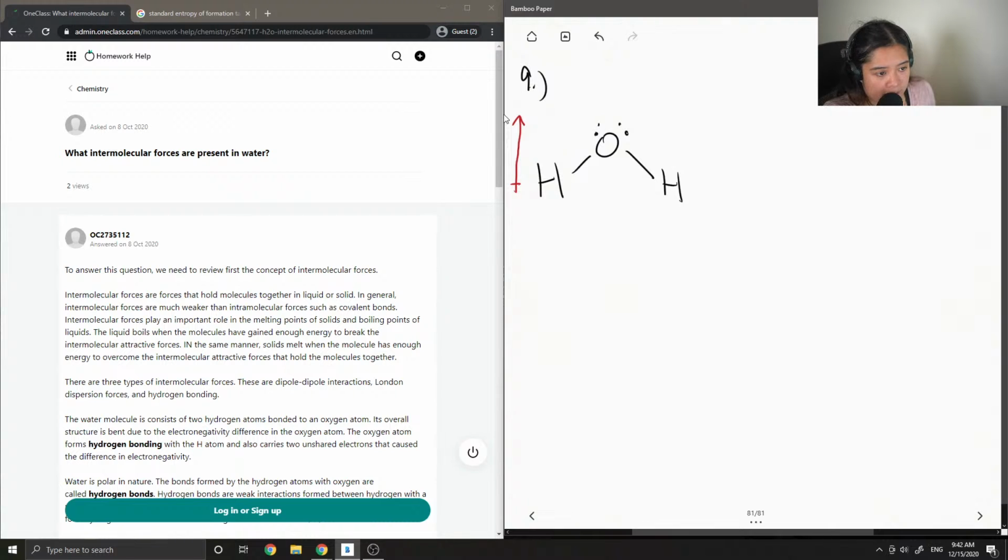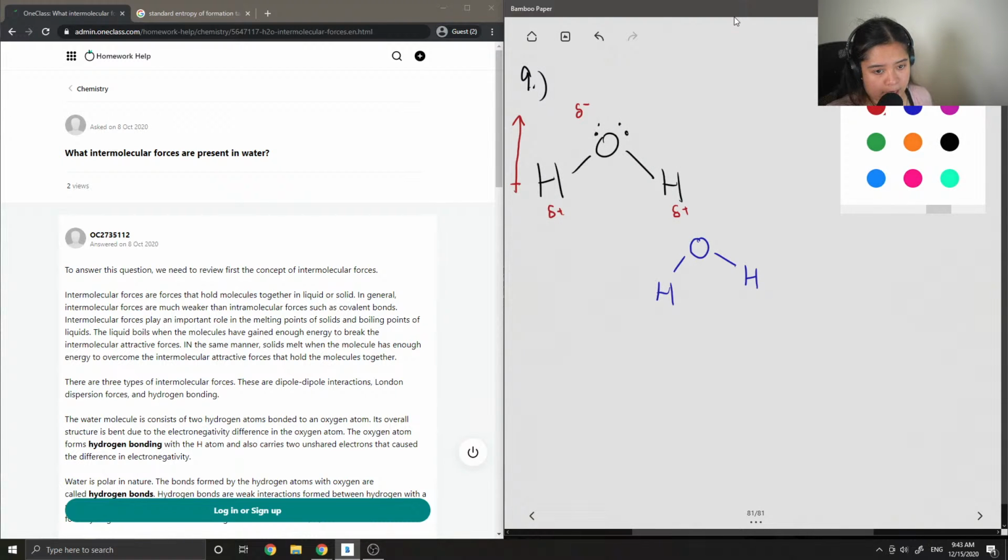So because of this, one side of water will be partially negative, and then the other side will be partially positive. So because of this, one water molecule can attract another water molecule that is also partially positive and partially negative.